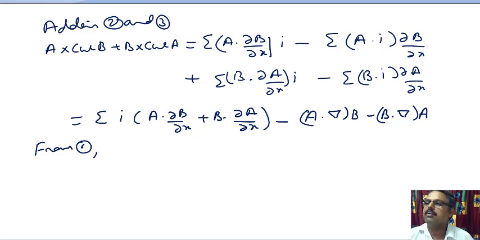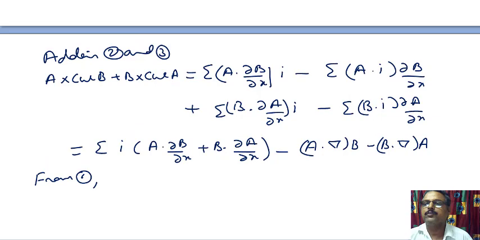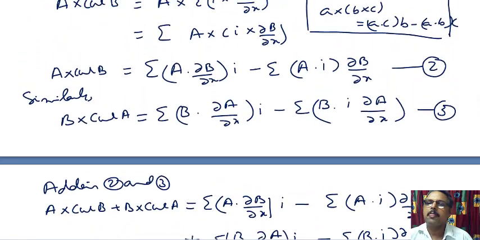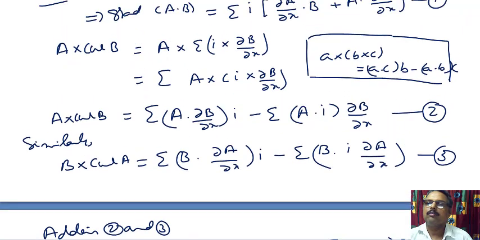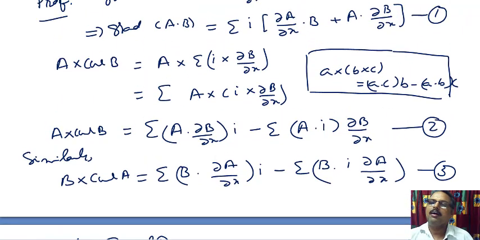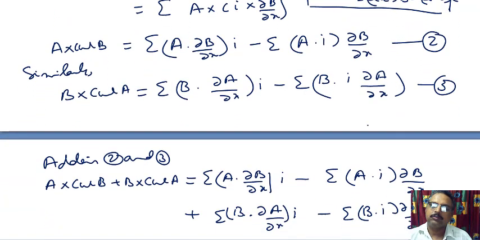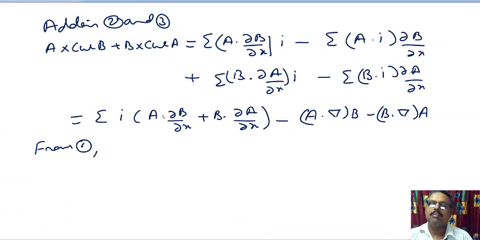I will show you. Sigma i into ∂A/∂x dot B plus A dot ∂B/∂x is the gradient of A dot B. So this is also the same term.